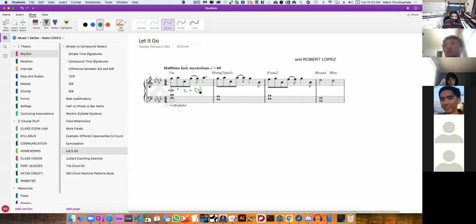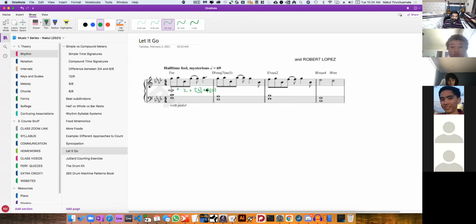Gosh, sorry, I'm doing this with my computer mouse. And then this is happening on the and, and then I'm obfuscating 4, right? And then there's an and. I'm putting that in regular parentheses to show it's not as significant. 1 and 2 and 3 and 4, 1 and 2 and 3 and 4 and, right?